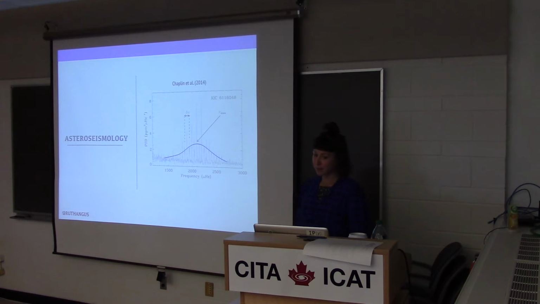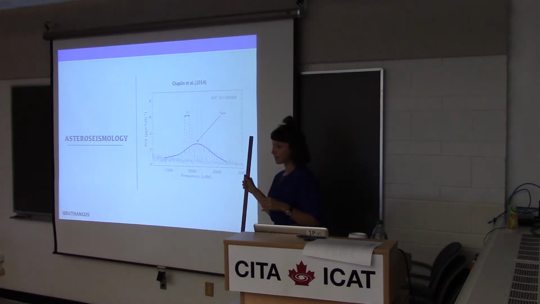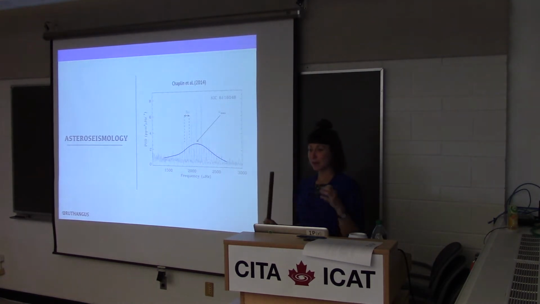But for the majority of these asteroseismic solar-like stars, you can't actually measure the individual frequencies. You can just measure a frequency separation, delta nu, and that tells you about the bulk density of your star, which you can still use to infer an age, but that age will have a lower precision. A typical uncertainty will be around 50%.